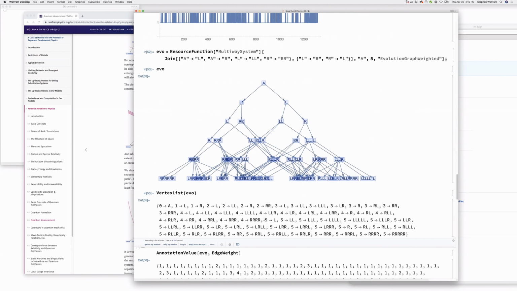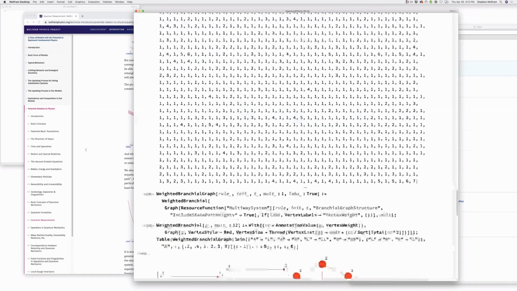All right. So given that idea, let's talk about quantum mechanics. Then the claim has to be made that destructive interference in quantum mechanics, which we can sort of see in these pictures down here.